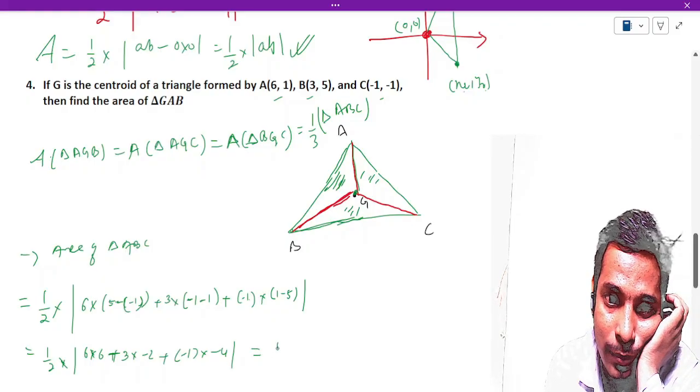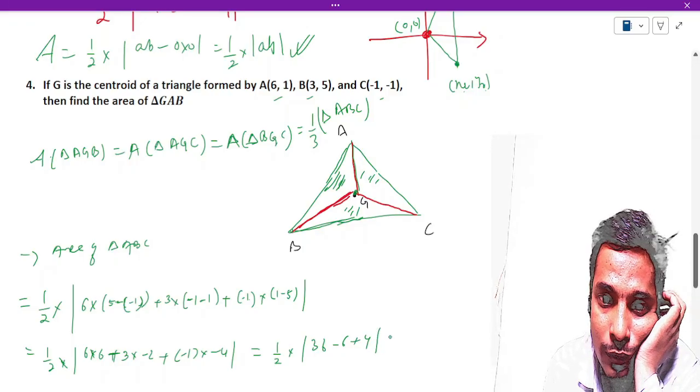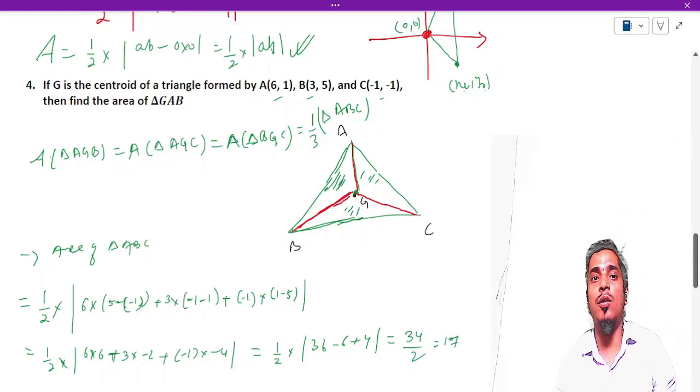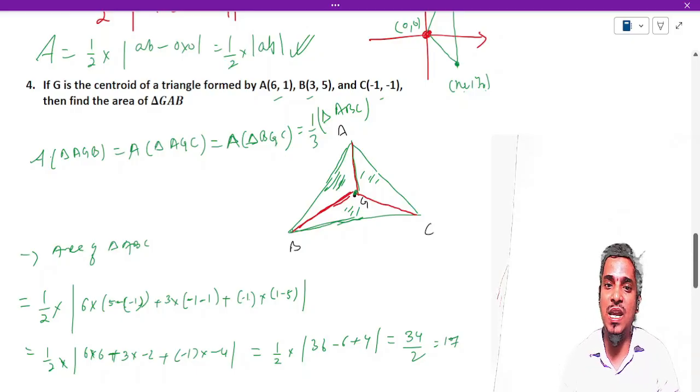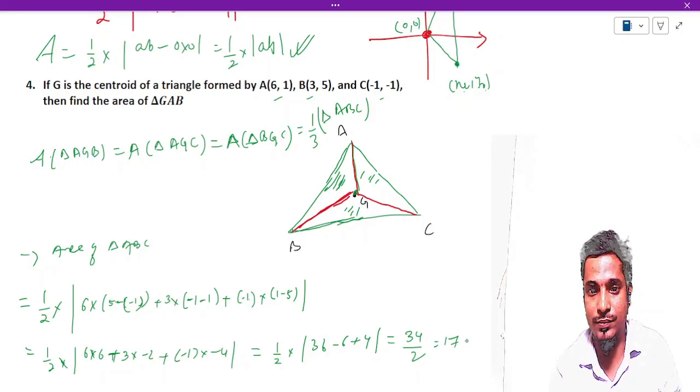Once we further simplify, this is equal to 1 by 2 times 36 minus 6 plus 4. This is equal to 40 minus 6, which is nothing but 34 by 2, which is equal to 17. So the area of triangle ABC is equal to 17 square units.